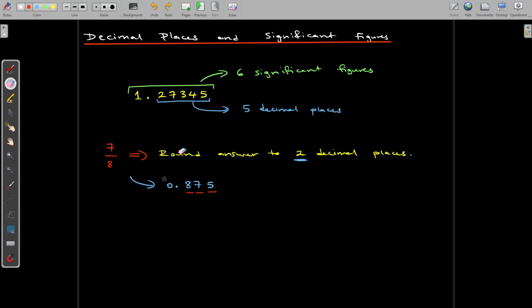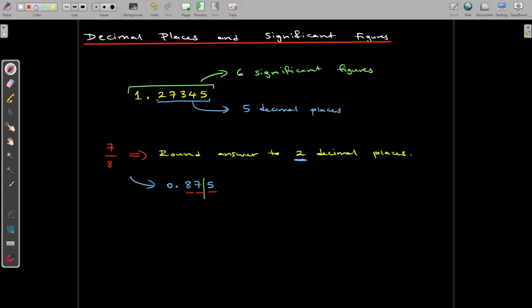There's a rule that governs rounding off decimals, or even rounding off numbers. For the 7 here, we need to look at the number to the right of the 7. This number is 5, so we can increase the 7 by 1. If this number is 4 or less, we would just leave it as 0.87.